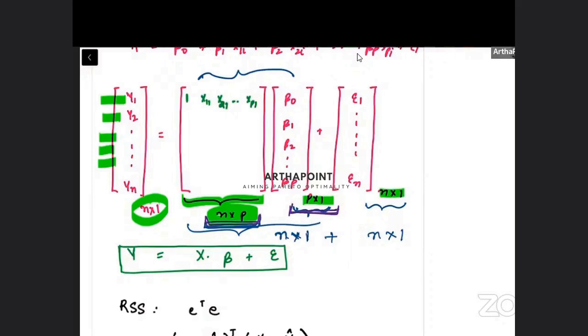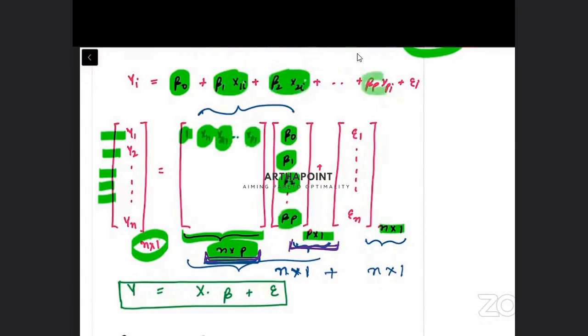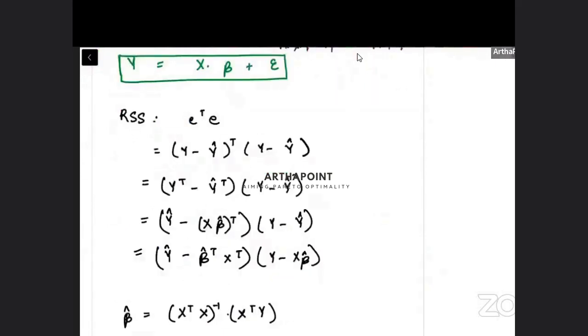What does this mean? The first column will be 1, because if I multiply 1 with beta naught, I get beta naught. Then the next is x11; multiplied with beta 1, I get beta 1 x11. Then this is multiplied with beta 2, and so on up to beta p. Then I add e1 to it and this equals the first value y1, and so on. This is how your matrix would be formed. So the matrix will look like this.